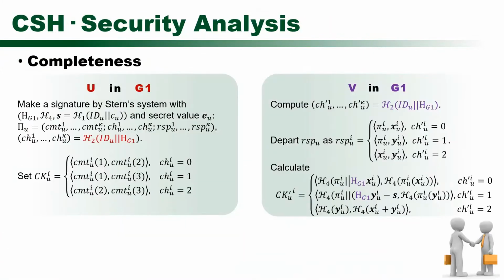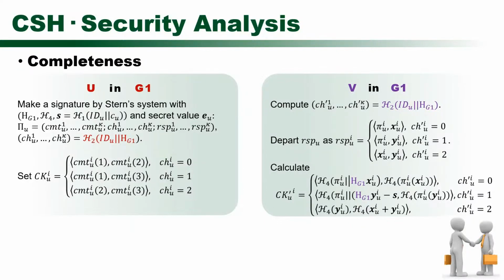Now, we will provide the security results on CSH as described before. Completeness means the protocol always outputs 1 when interactive participants belong to the same group. The completeness of CSH relies on both participants being able to recover the CK part by their group knowledge.